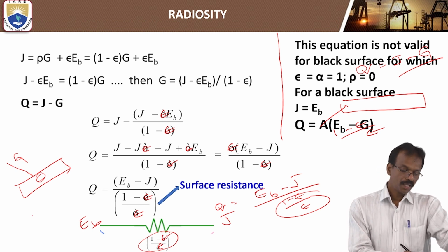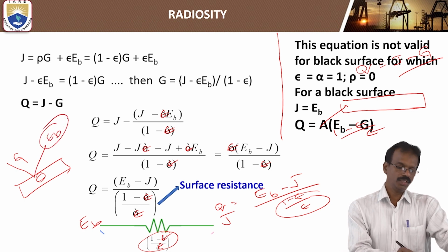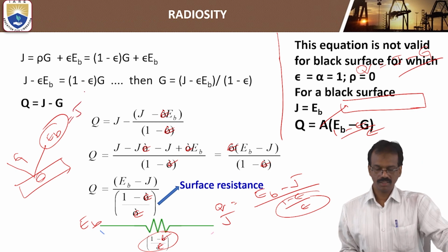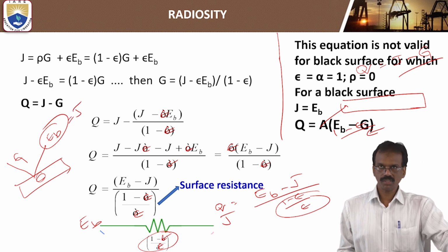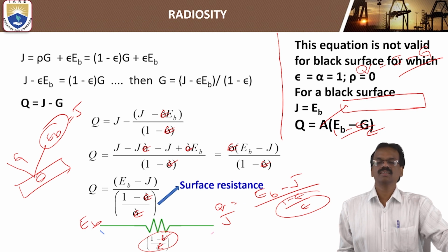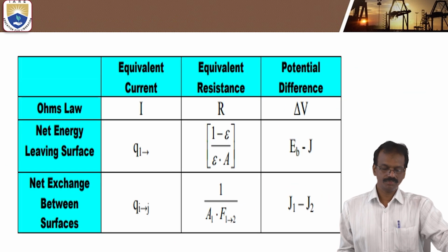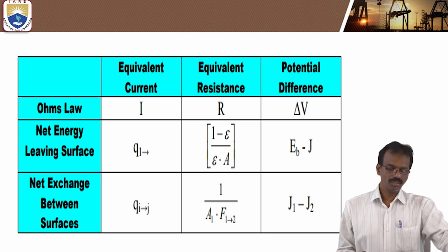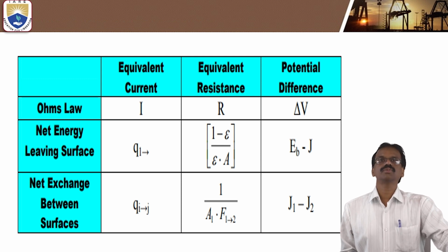So radiosity is equal to the emitting energy, EB is equal to J. We'll see that later. First of all, we'll see the gray surfaces, which we already discussed in the previous class.